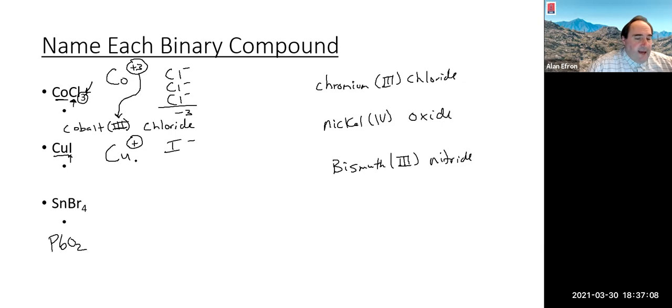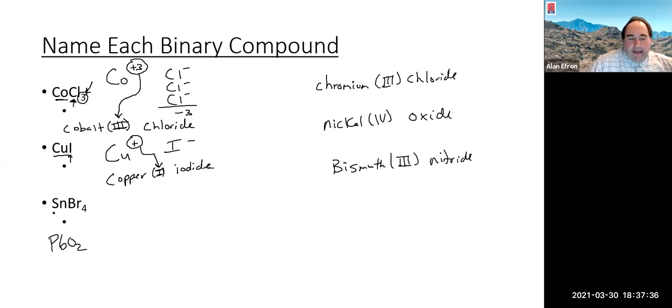So to balance that out, we obviously just need a +1 charge on the copper. This would be copper Roman numeral 1. Iodine becomes iodide in this case, and that would be copper(I) iodide. Any questions on that one there?